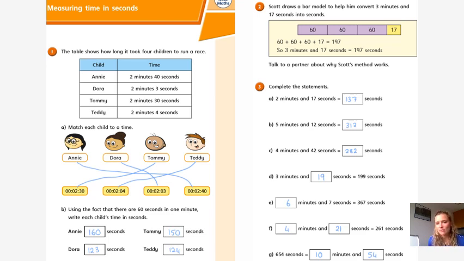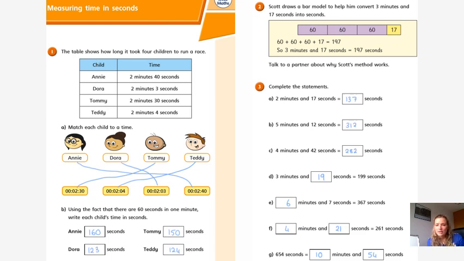3 minutes and something seconds is 199 seconds, so we needed to work out how many lots of 60 went into 199. So we've got 60, 120, 180, and then I want to get from 180 to 199, so it is 19 seconds. Same with the next one, 367. If you counted up, we had 7 seconds remaining because there are 6 minutes in total, because 6 times 60 is 360.